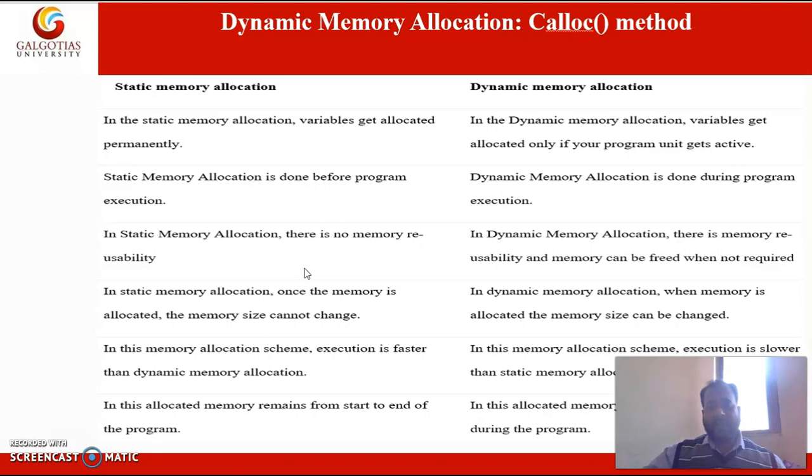In the initialization phase, suppose you initialize only 5 members of that array. Then the remaining 5 are wasted, and you cannot use that space in static memory allocation.